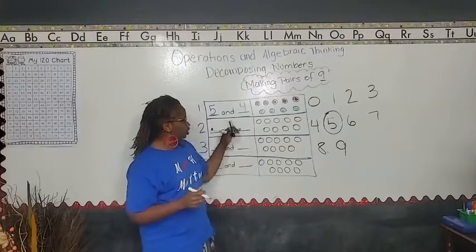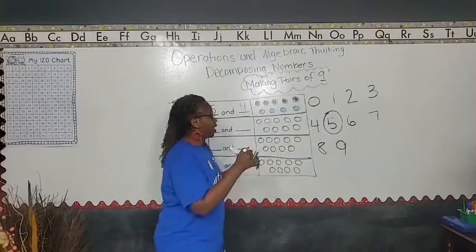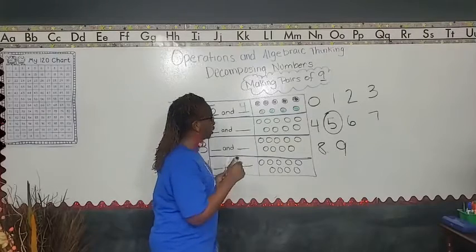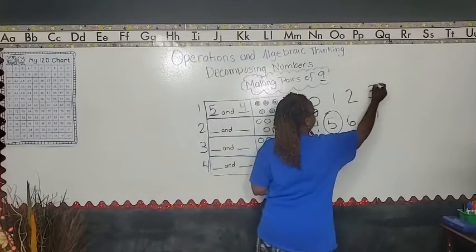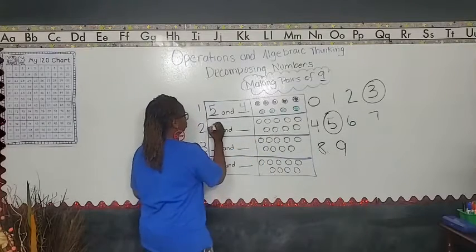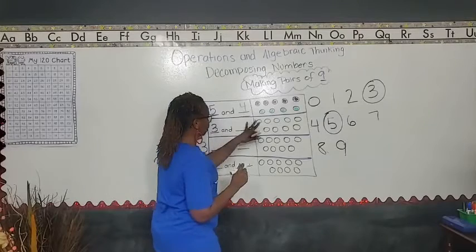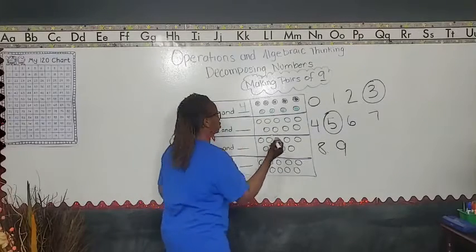Then I would say, okay, good job. You chose the number 5. Now let's choose a different number. And maybe they'll say, I want to choose the number 3. Okay? So then they would write 3 right here. They would shade in 3 purple.